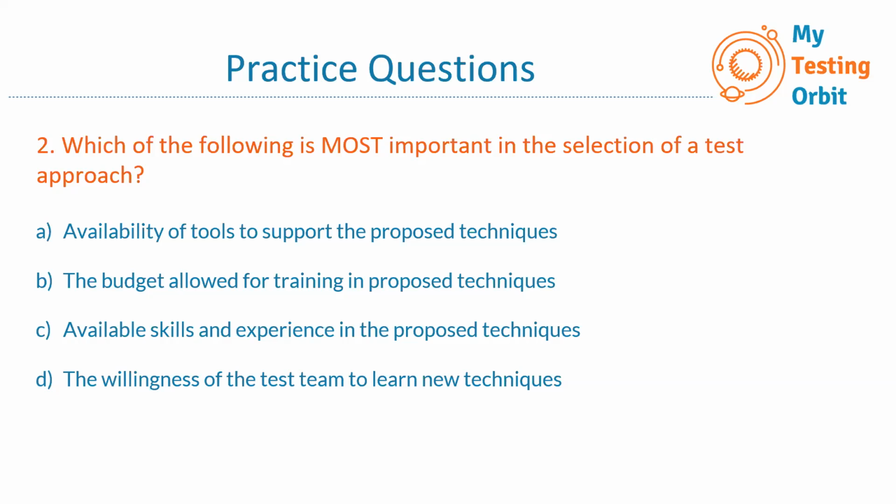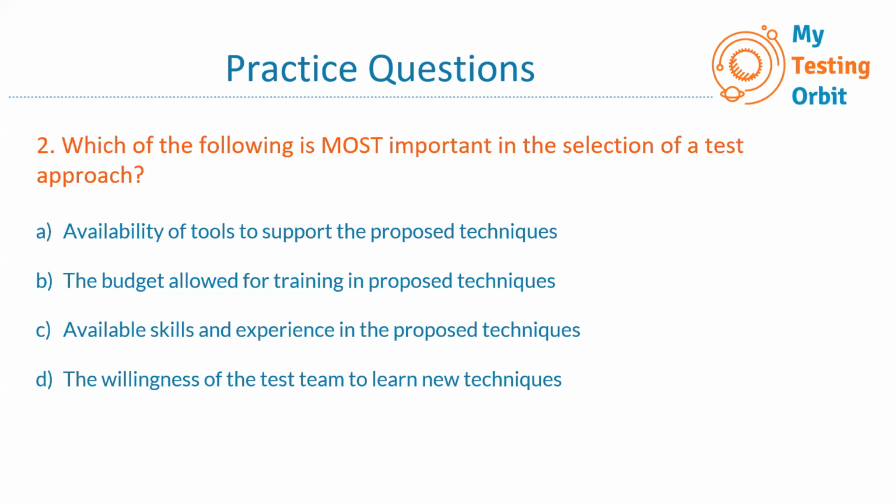Because what is a test approach? We said that this is the starting point where we will identify what kind of test techniques we will be using, what kind of test types we'll be using, and yes, tools will be important, but on top of tools, what kind of skill sets we have, what kind of experience we have in terms of resources, that would be the key thing.